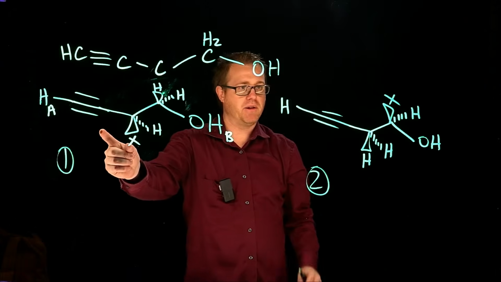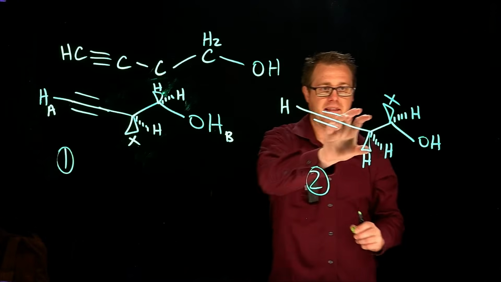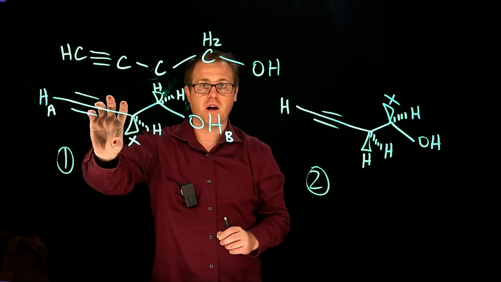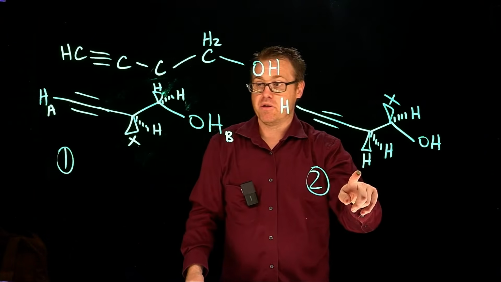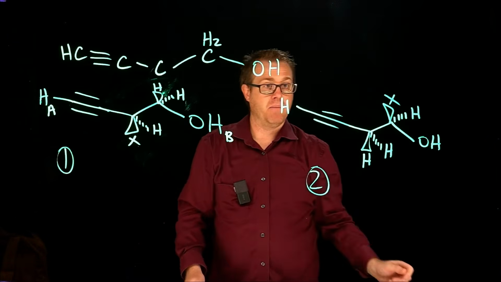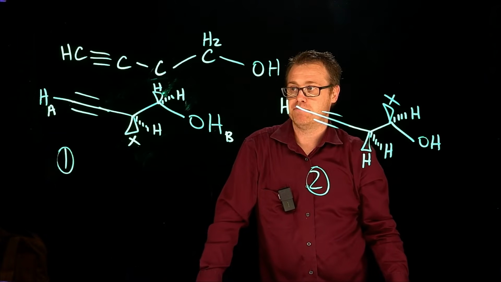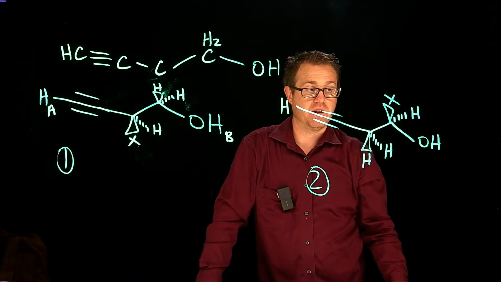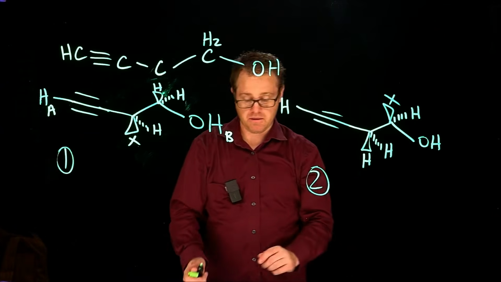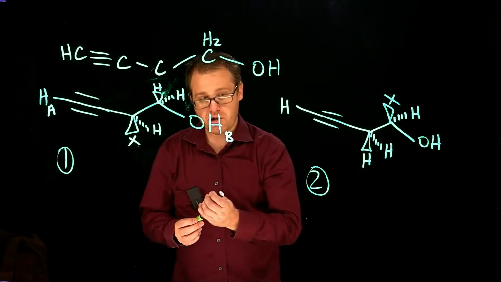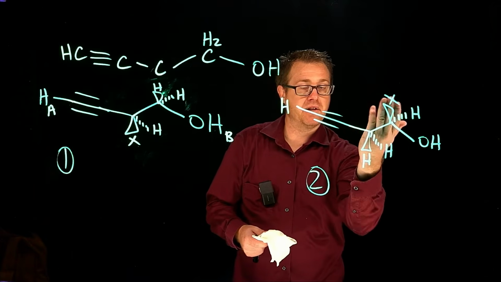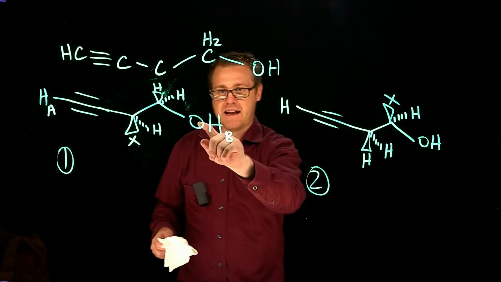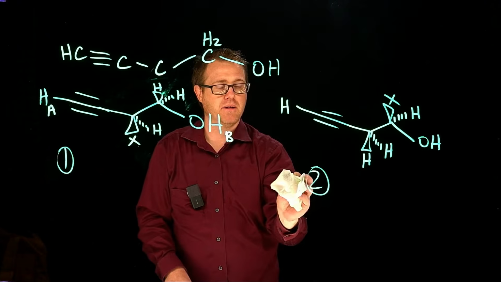What's the relationship between these two? Can I take this molecule and superimpose it on number 1? No, I cannot. Is molecule 2 and molecule 1 a mirror image of one another? No, there's not. You can try to find one. So how I'm going to do that is I'm going to flip this molecule 180 degrees so I can get the oxygen atoms to mirror one another.